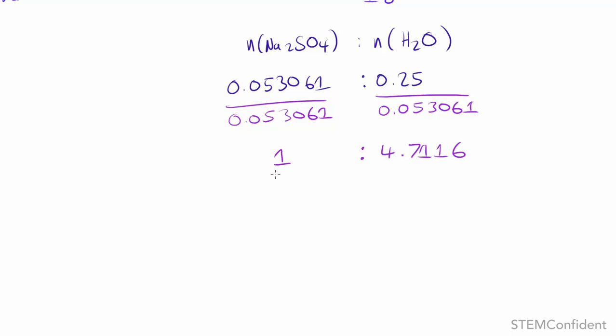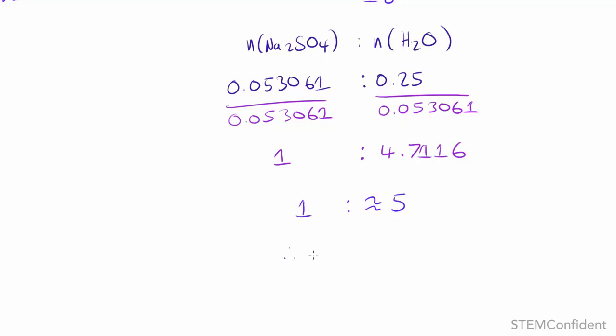Now 4.7116 rounds upwards to 5, okay? And why that's relevant is because what we want is an integer value for x, right? So we do have to round this to the closest integer, which is 5. So what we can say is that this is in effect 1 in a ratio with approximately 5, right?